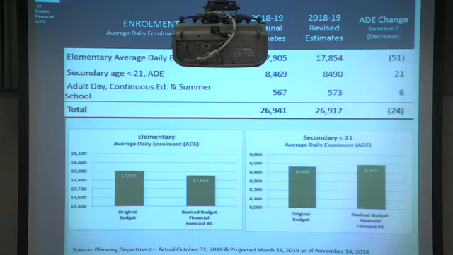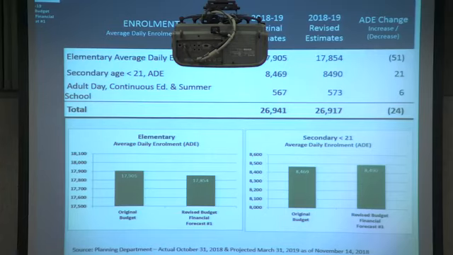You'll note that the overall difference between our original estimates and revised estimates is a decrease of 24 ADE. It's virtually nothing. That forecast was just so good. The primary contributor to the overall decline is the grade 4 to 8 category.